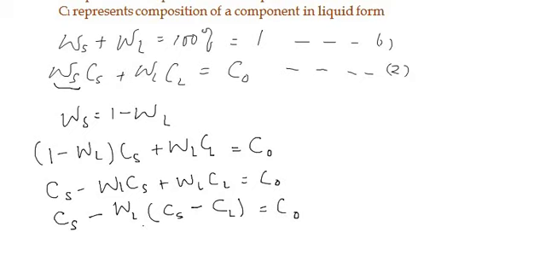And since we are looking for wl, you can take this to the right hand side, take this to the left hand side. So this will leave you with cs minus co is equal to wl into cs minus cl.